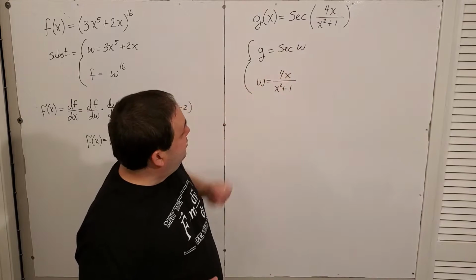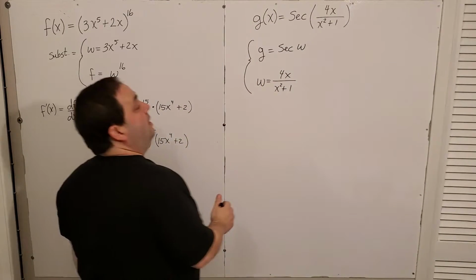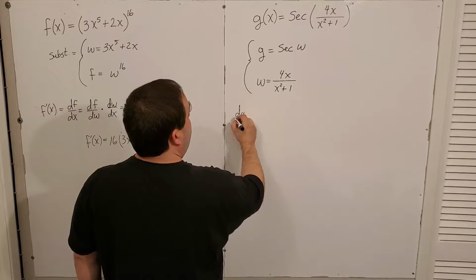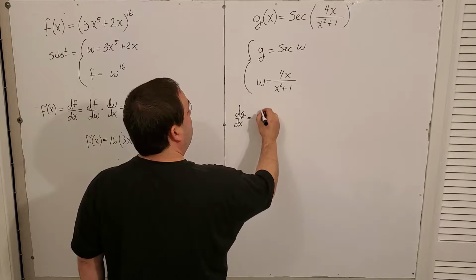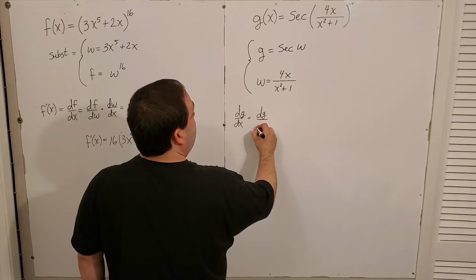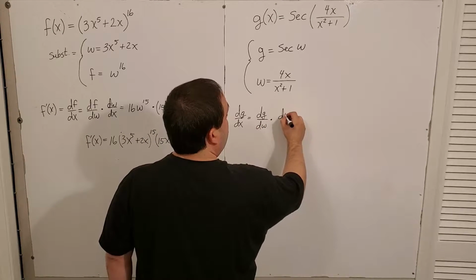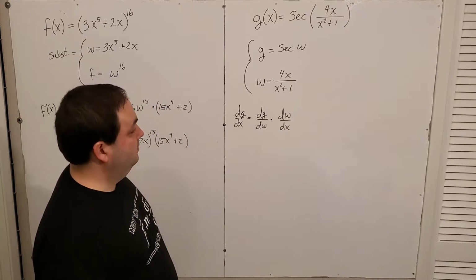Because that's where that thing used to be. When I'm doing g prime, I'm going to do dg dx is equal to dg dw times dw dx, right? That's our chain rule.